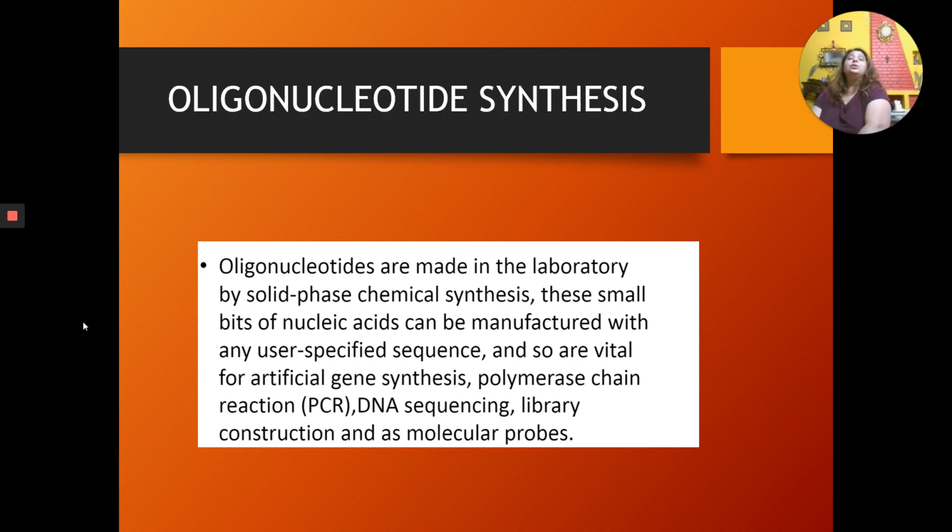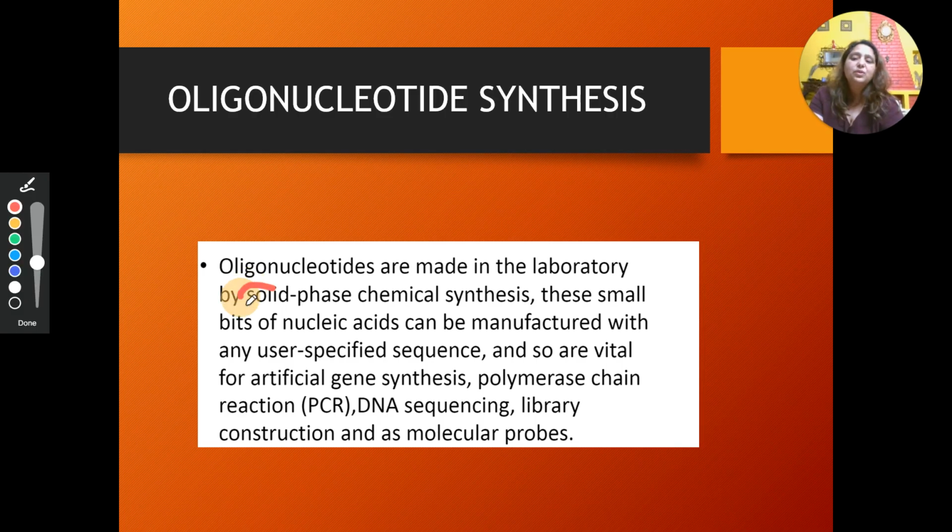Now we come to oligonucleotide synthesis. Look, oligonucleotide synthesis is done by companies or made by chemistry laboratories, and there are many methods which have evolved over the years, but the most common method used is solid phase chemical synthesis, which is represented over here.